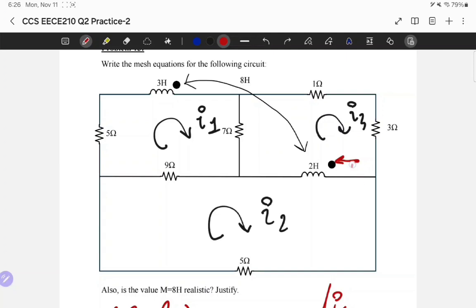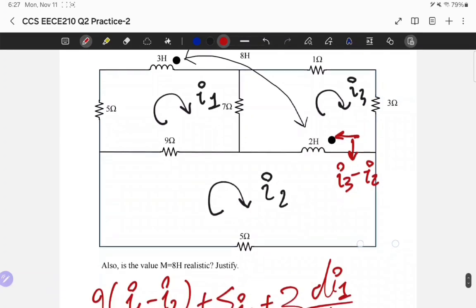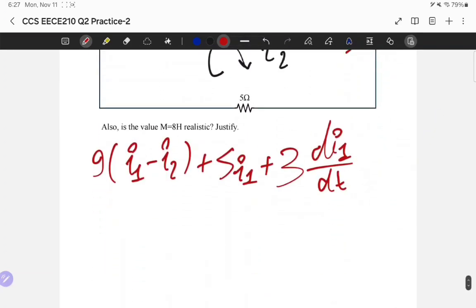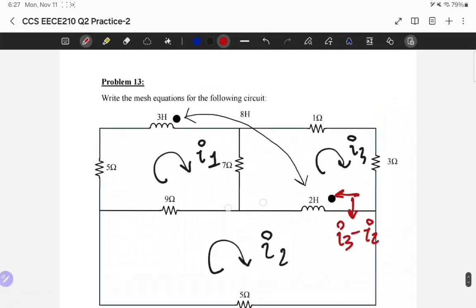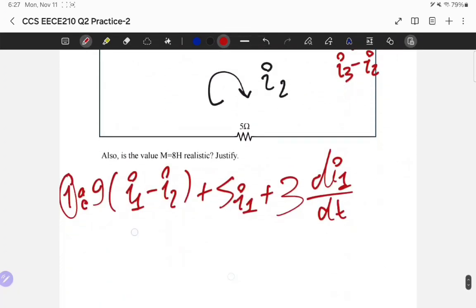The current that enters into the dot is I3 minus I2. It's simple to see it from quiz 1, right? My quiz 1 material. So the current that's flowing into the dot is I3 minus I2. So simply the current that is flowing into the other resistor I carry. So I'm gonna say this is mesh 1, and my mutual inductance is 8.